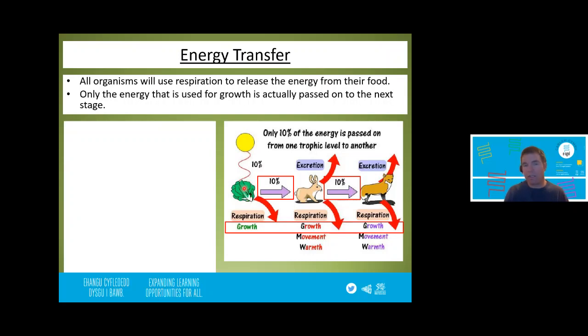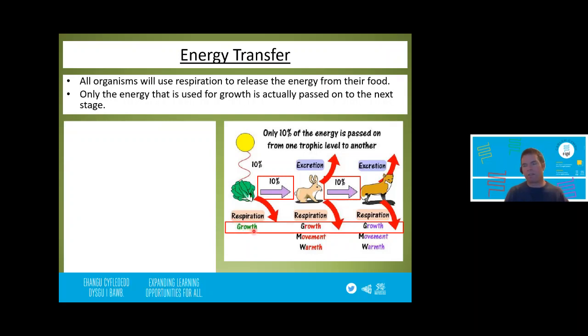And then it takes some of that energy, and it will use that energy in respiration to carry out various processes. Now the one that's really relevant in the context of a food chain is any energy which is used for growth.